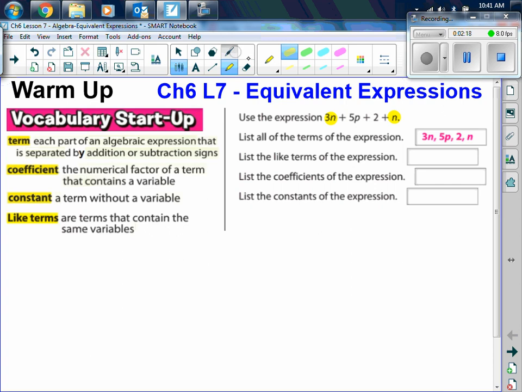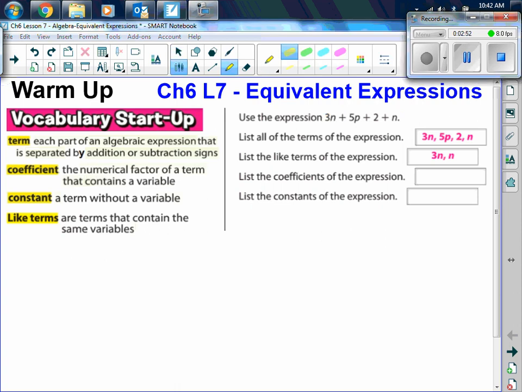So when you have no number in front of the variable, it's a 1. Is everybody clear with that? So that is 1n, because 1 times n is just n. And that's why we can write it just n. So here, your like terms are 3n and n.